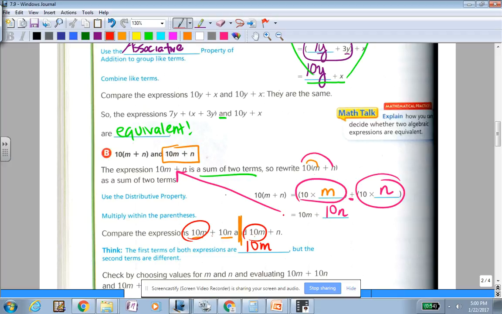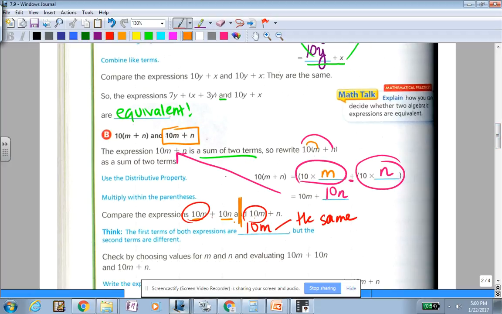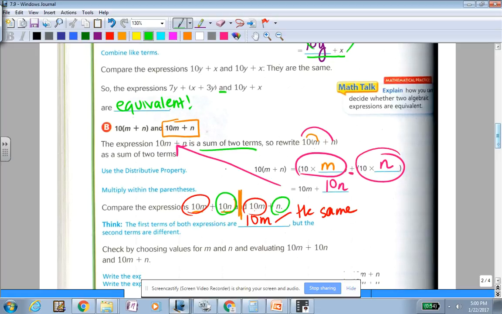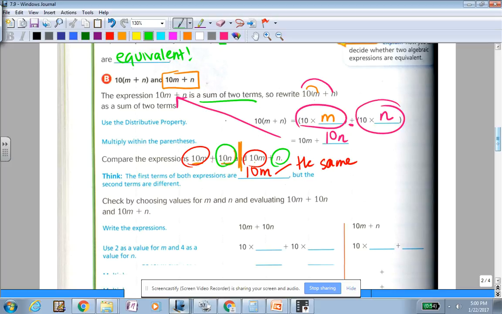Oh, we're on our way to maybe an equivalent one? They're the same. But the second terms are absolutely without a doubt different, right? This 10n and this n are not the same. So clearly they're not equivalent expressions.